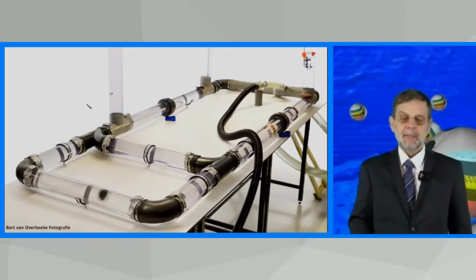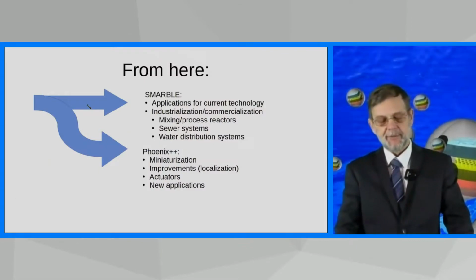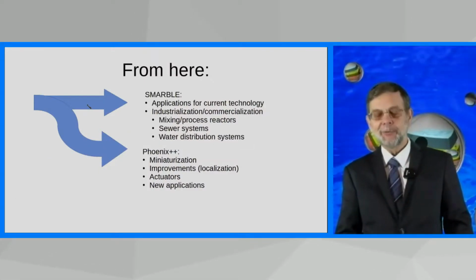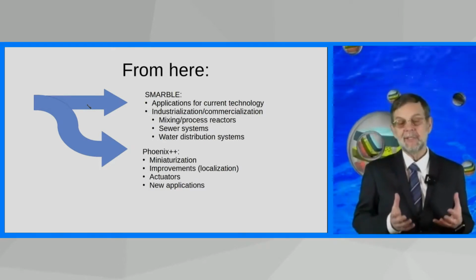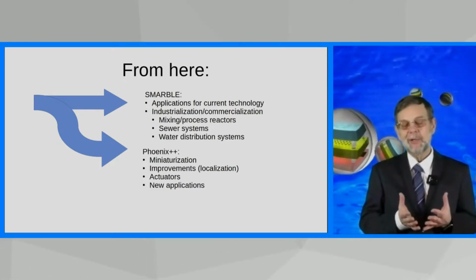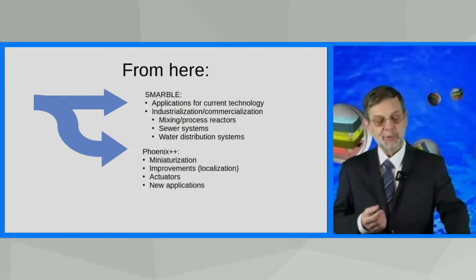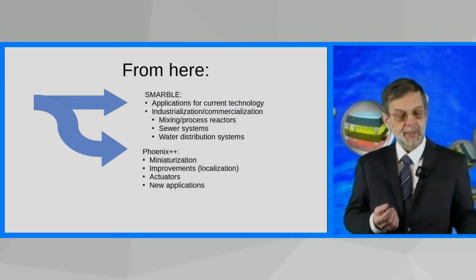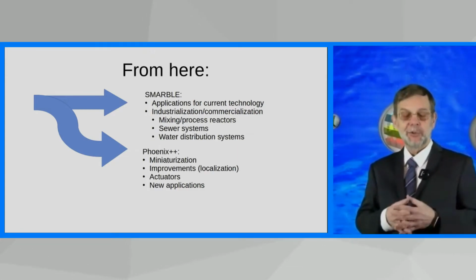So what did we get from this, and where are we going now? Well, we have the technology from Phoenix. That's where we are now. So we have these sensor balls, we have the software, we can run experiments.